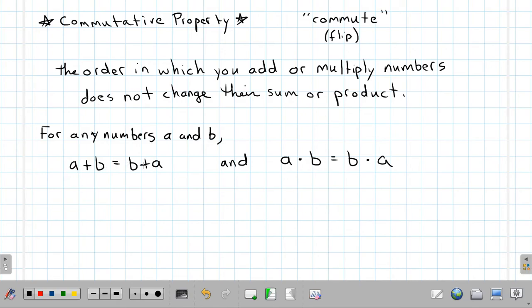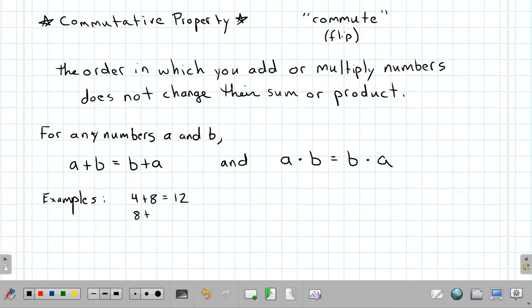A plus B is the same thing as B plus A. Okay, A times B is the same as B times A. It actually doesn't matter in what order you multiply or add things. The number's still going to be the same. So, for example, if you have 4 plus 8, well, that is equal to 12.